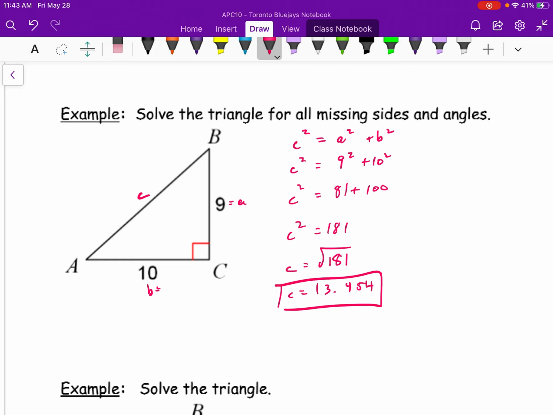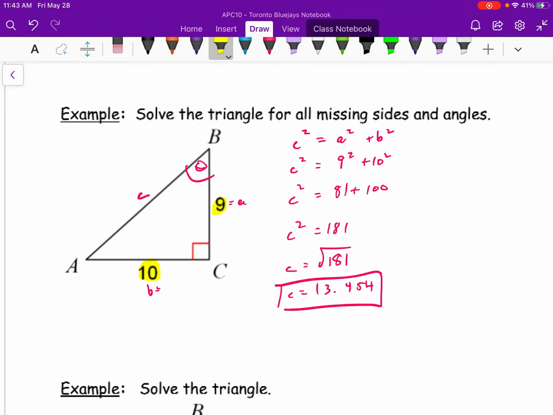Now, I have 2 angles to figure out, A and B. I could call one theta, if you guys want. Now, which one is theta? I don't know. Pick one. And by the way, I have 3 sides. I have 10, 9, and C, which is approximately 13.454.